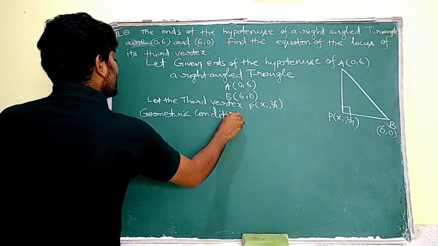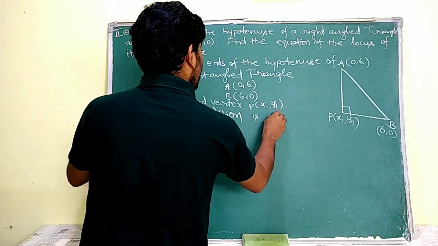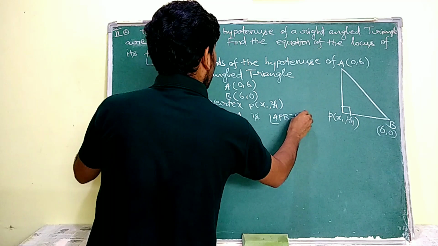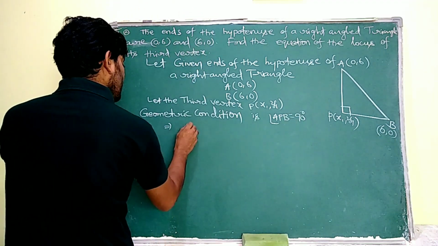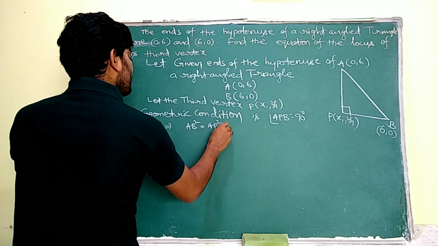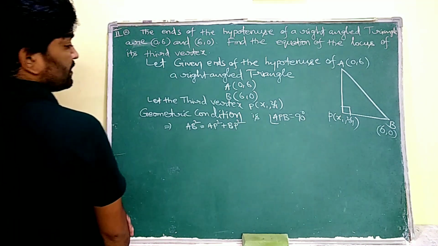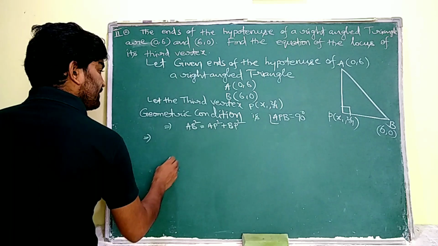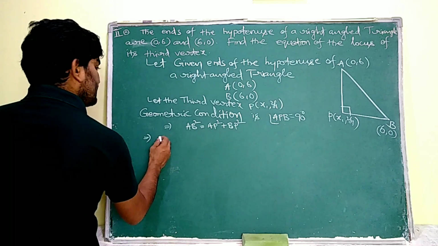What is the geometric condition here? Angle APB equals 90 degrees. Again we are going to use the Pythagoras theorem: AB square equals AP square plus BP square. Now use the coordinate geometry formulas to convert this geometric condition into an algebraic condition.